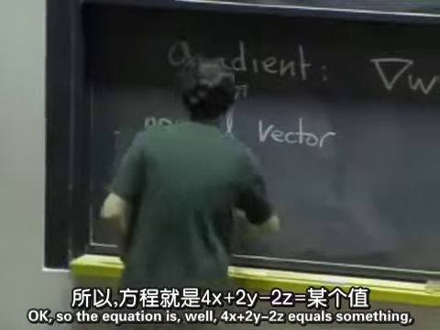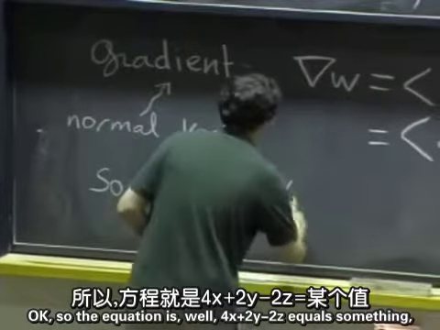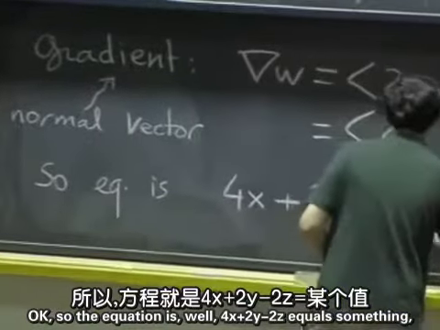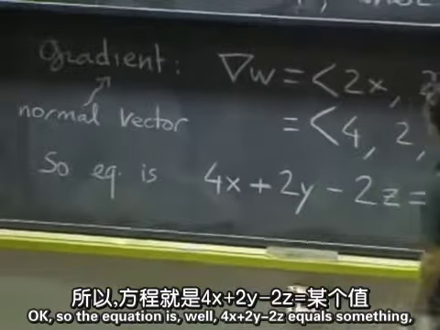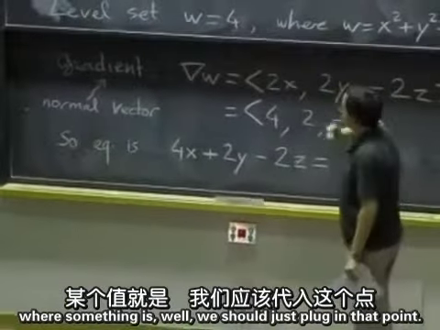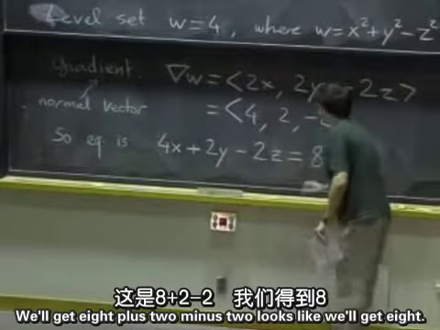So the equation is 4x plus 2y minus 2z equals something, where something is what we get when we plug in that point. We get 8 plus 2 minus 2, which is 8.